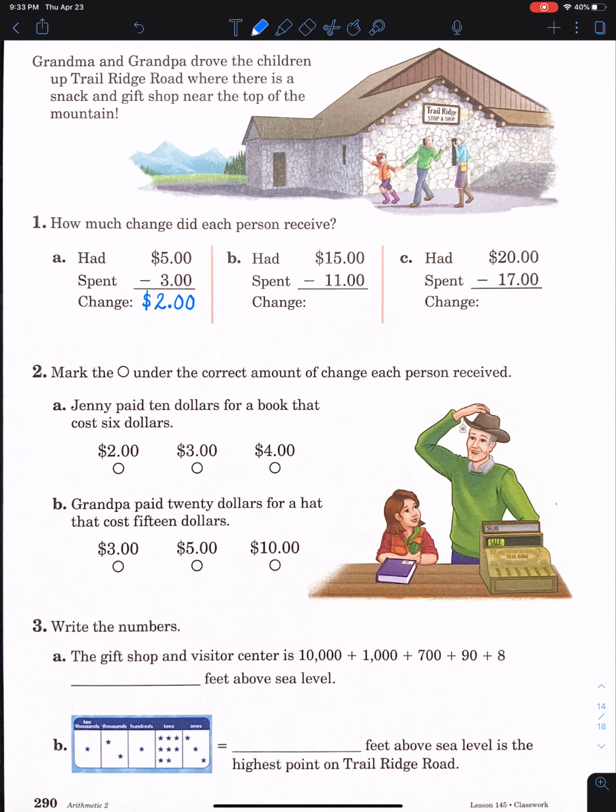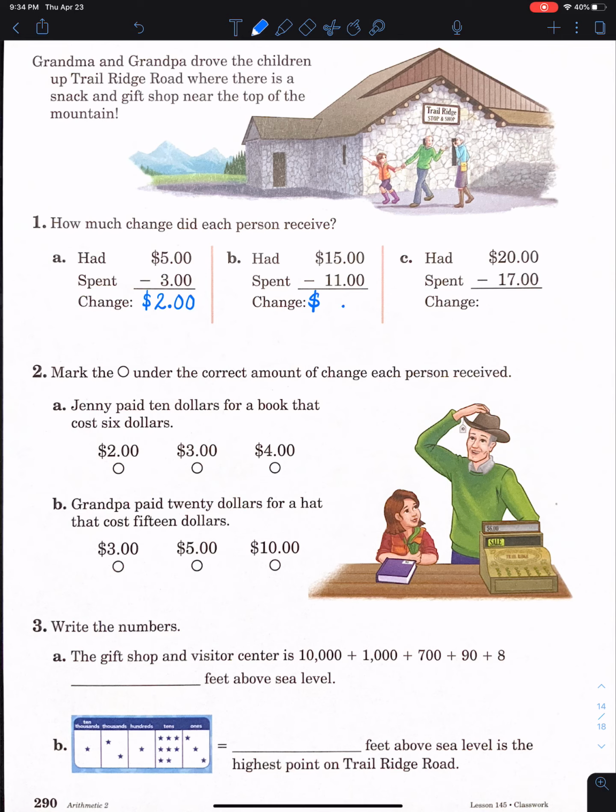All right. The second person had $15 and spent 11 of their dollars. How much money will they get back in change? Well, again, I wanted to remind you, when you're writing down problems like this, you have to make sure that you keep everything in line.